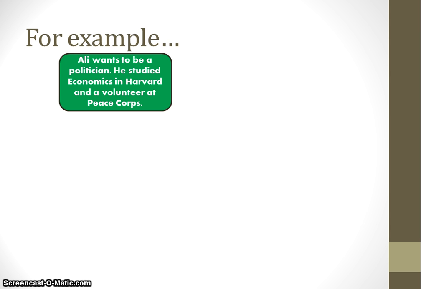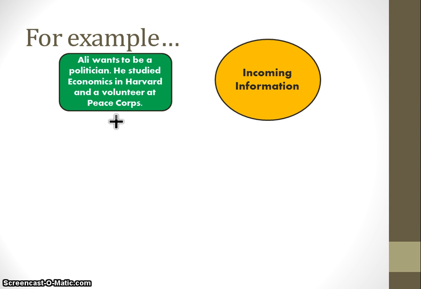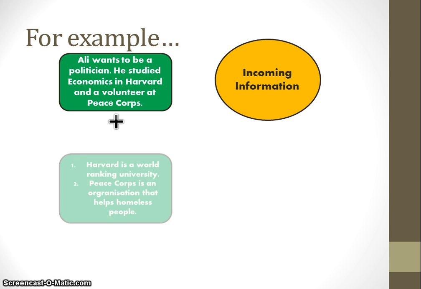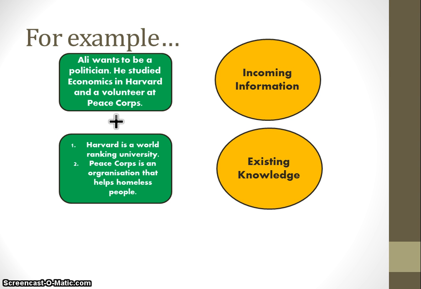Now I give you an example here. The incoming information here is Ali wants to be a politician. So he studied economics in Harvard and was a volunteer at Peace Corps. Now, your existing knowledge tells you that Harvard is a world ranking university, and Peace Corps is an organization that helps homeless people.